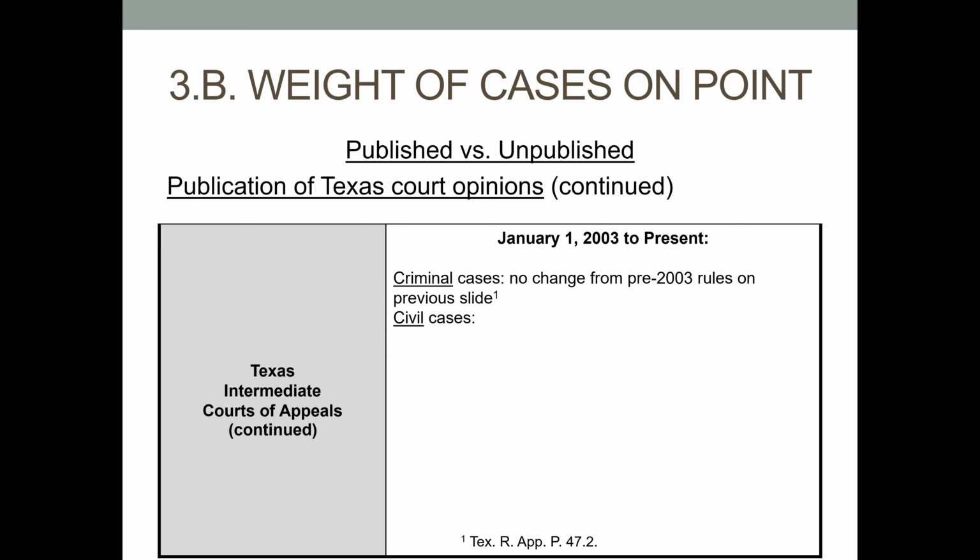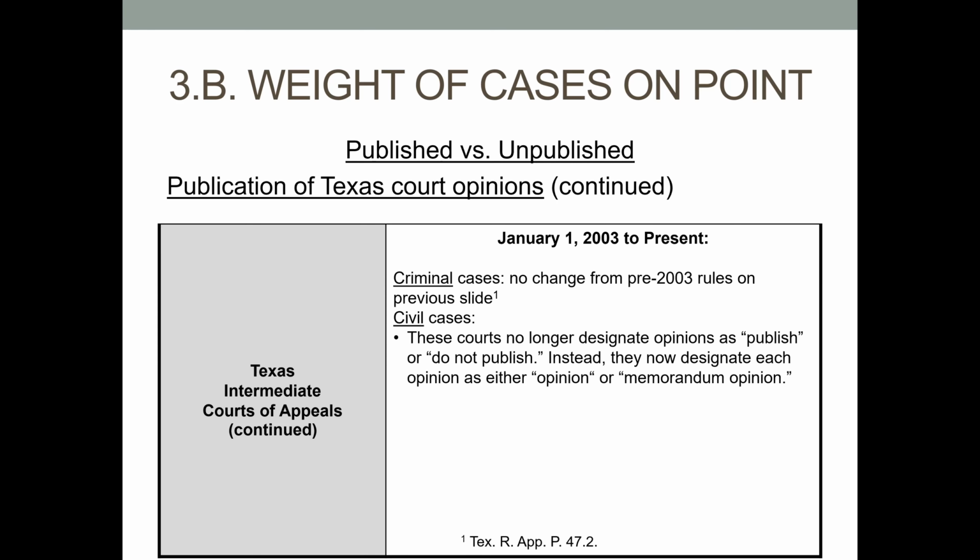But for civil cases issued beginning January 1st, 2003 to the present, the Intermediate Courts of Appeals no longer designate the opinions as to be published or not to be published. Instead, they designate each civil opinion as either an opinion or a memorandum opinion, as we just saw earlier.